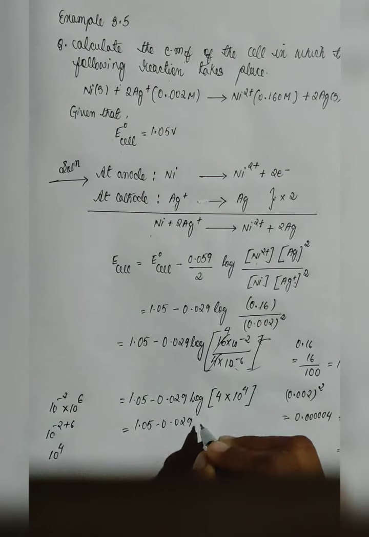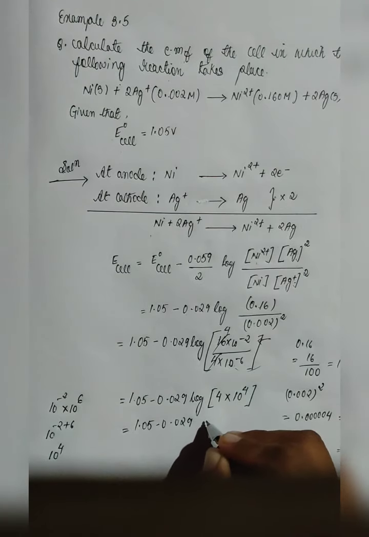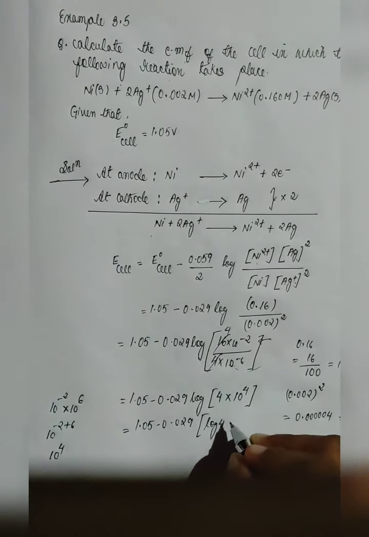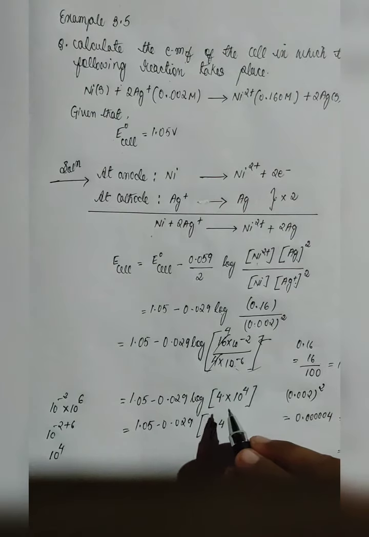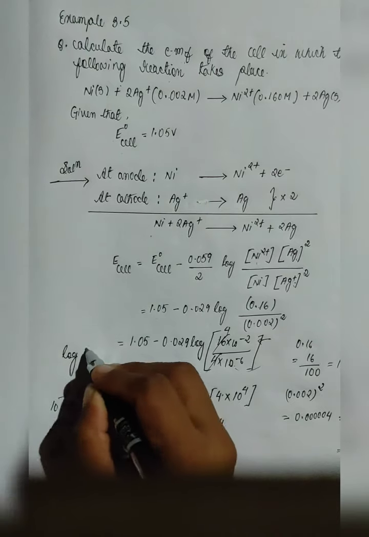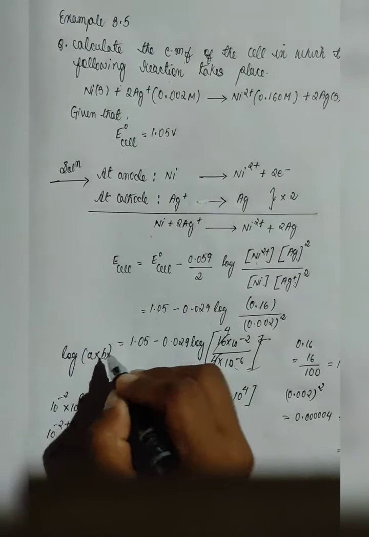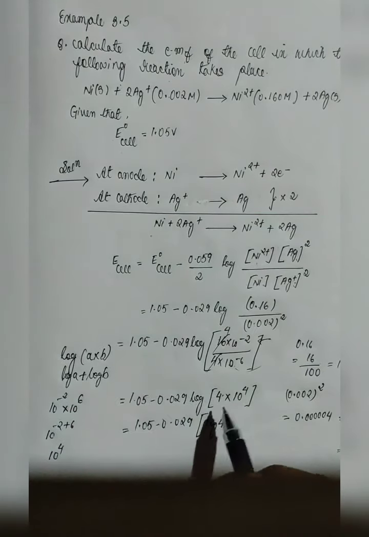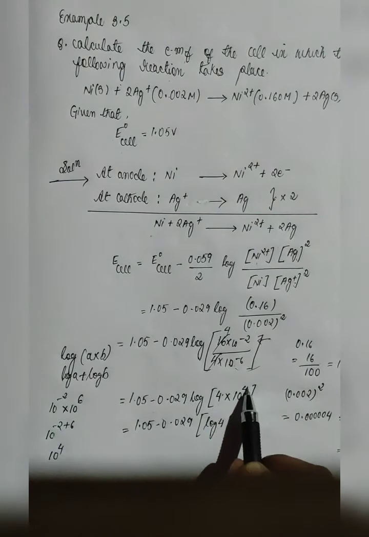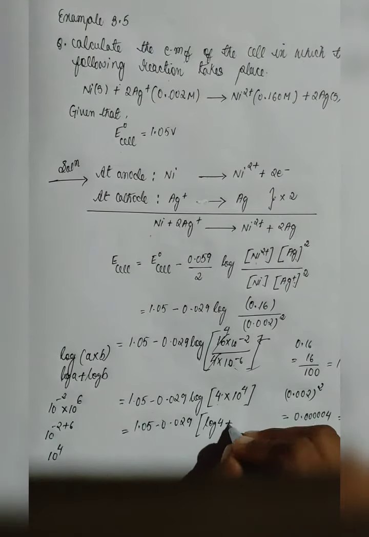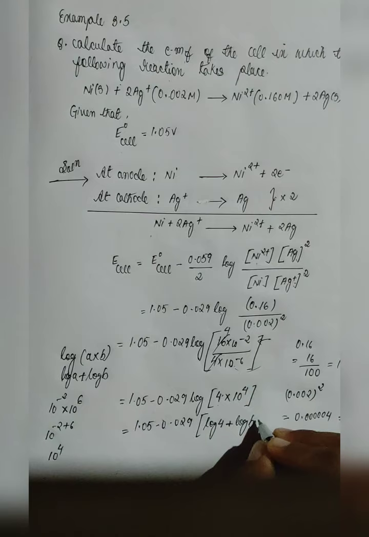Now if we try to open the bracket, what we will get is log 4 times 10 to the power 4. If you remember, log of A into B is log A plus log B. Now here this is A, this is B. So what we can write here is log A plus log B. This is all coming from the formula.